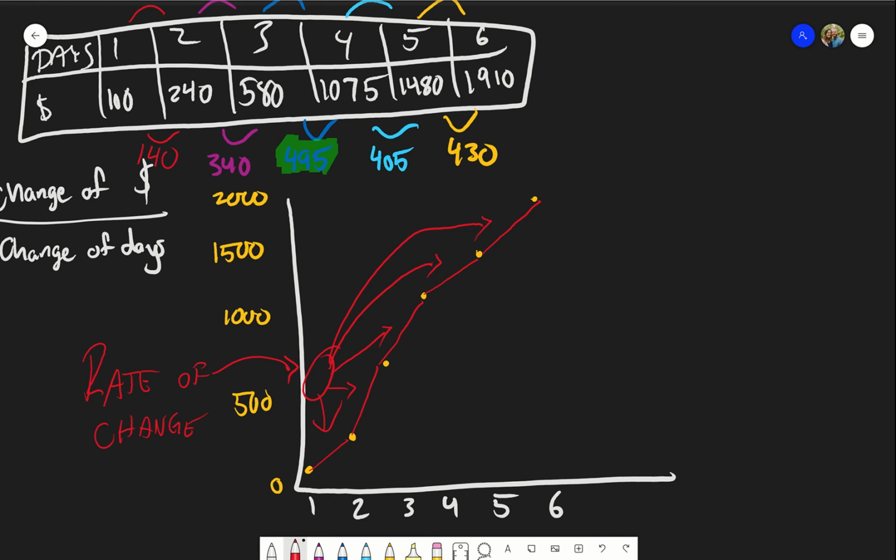Everything, all of these lines, these are all the rate of change. I'm not going to spend a ton of time on rate of change. I really want to get into talking about slope, because as we all know, the slope is a major part of graphs.